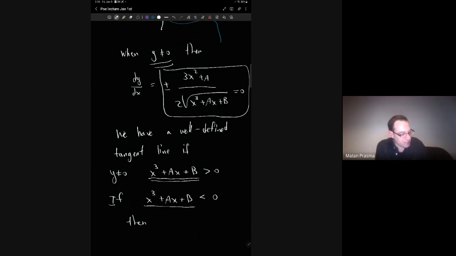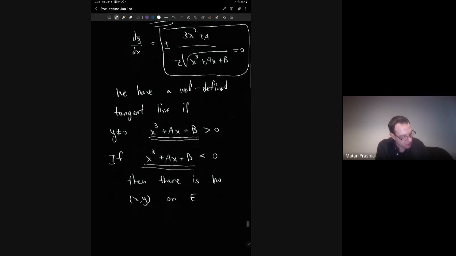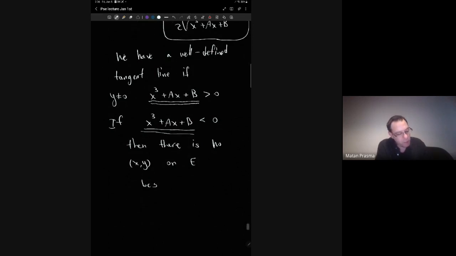If this expression is negative, then there is no point x, y on E with this value, because remember, to be a point on the curve, you need to satisfy y squared equals x cubed plus ax plus b.